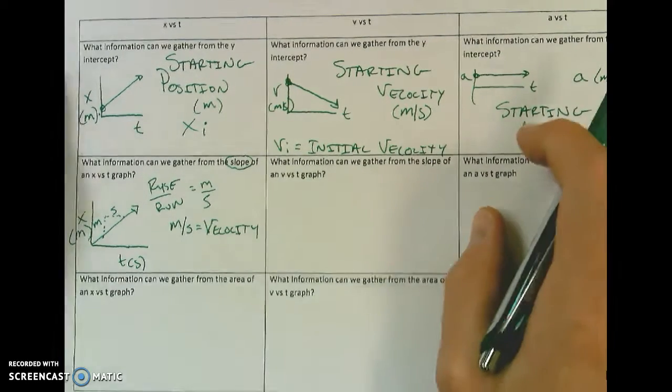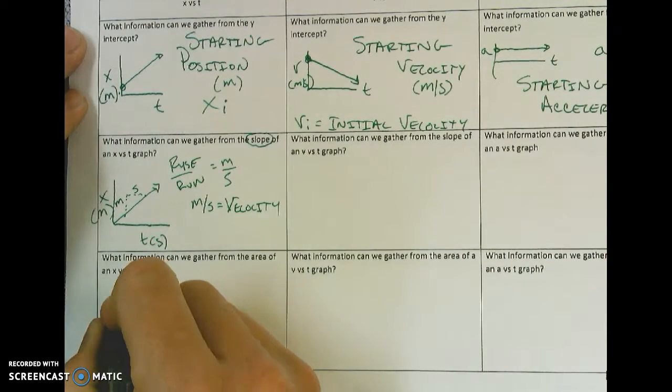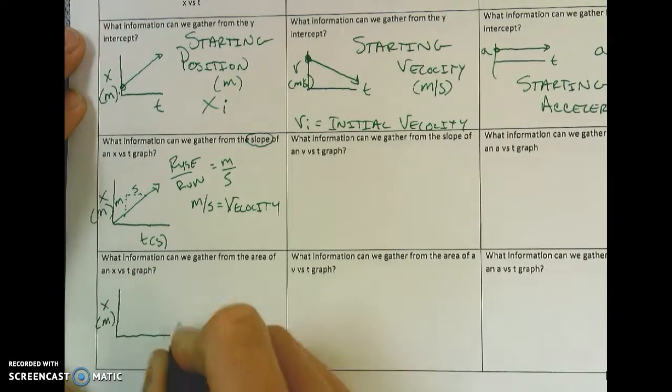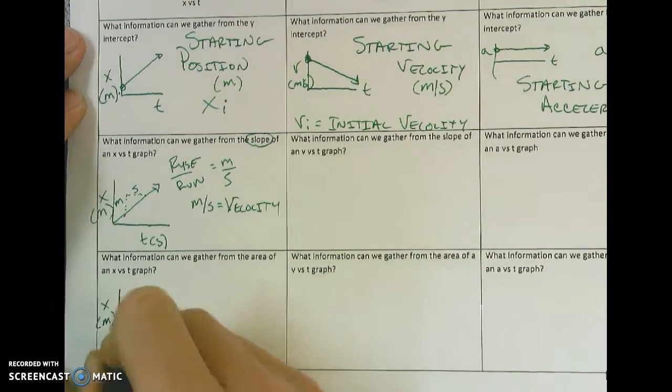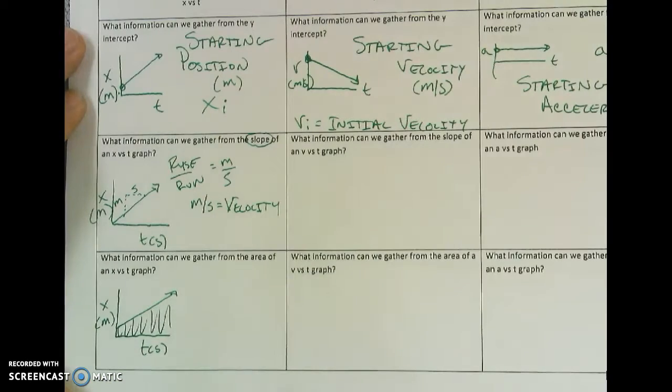Okay, now lastly, information that we can gather from the area under this graph. I'm going to go ahead and show you this once. Position in meters over time in seconds. Let's say I have a graph that looks something like this. And so if I wanted to find the area here, I'd ultimately be taking time, seconds, times meters.